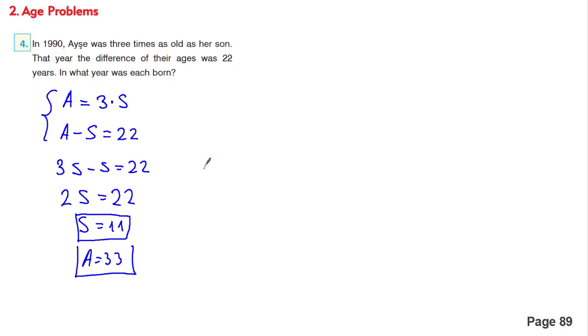Let's see. The way you find what year you were born, if you know your age in a certain year, you just subtract: 1990 minus how old you are. So in this case, the son was 11 years old, so you subtract this and you get he was born in 1979.